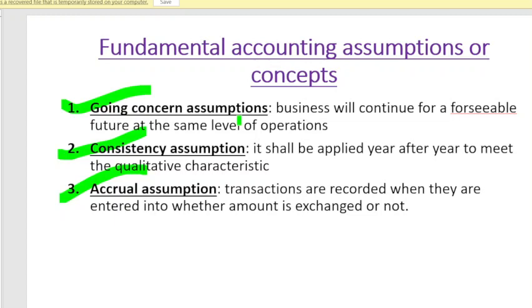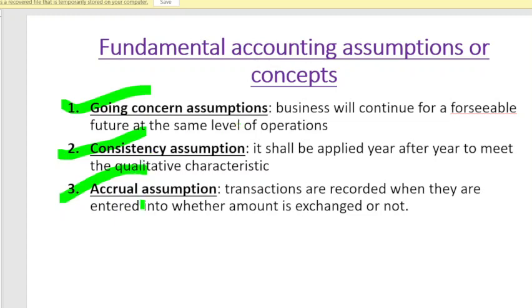As per the accounting rules, depreciation can be calculated by four to five methods, but usually in 11th and 12th class we learn only two methods: the straight line method and the written down value method. So, if a business is following the straight line method to calculate depreciation, then this calculation has to be continued in a consistent manner. Year by year the same method should be applied.